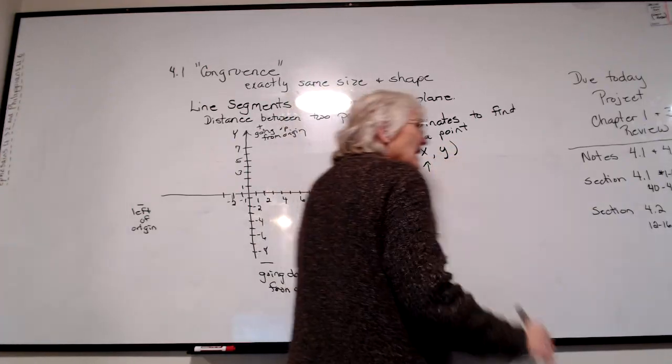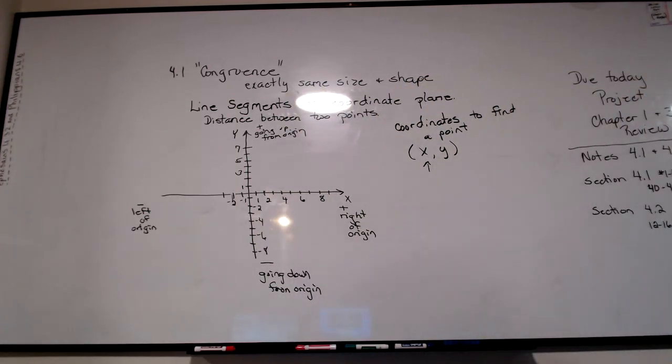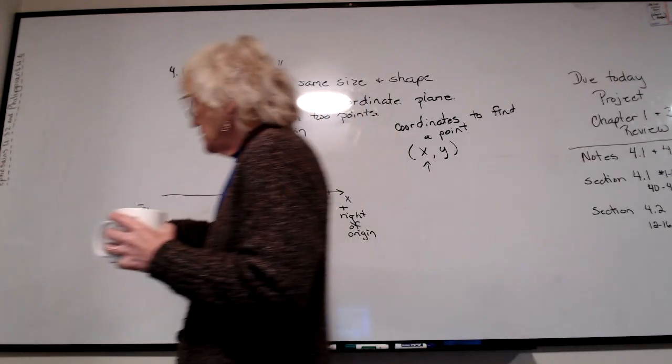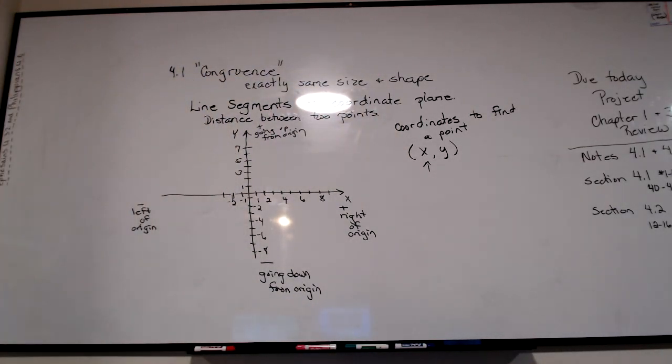What does the X really stand for in the coordinate? Think about what these positives and negatives actually stand for, the X coordinate. Yes. The distance from left to right from your point of origin. That's correct.